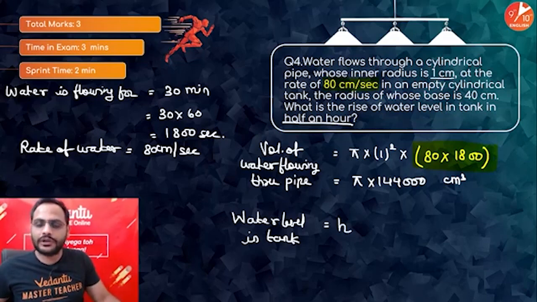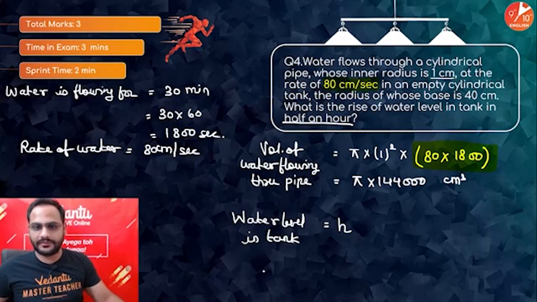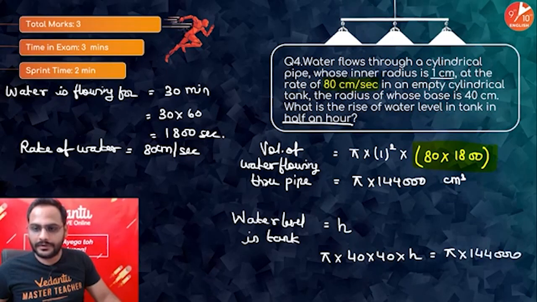Now we know the volume of the water in the tank is the same as what came from the pipe. So I can say the volume of the cylindrical tank will be pi r square h, where the radius of the base is 40 centimeters and h we don't know. Make it equal to pi into 144,000.